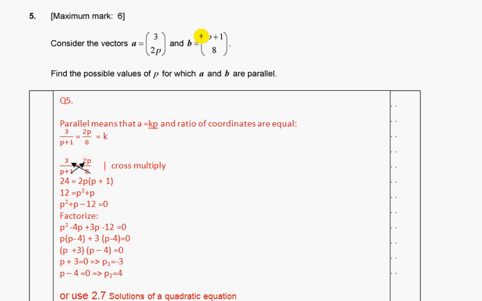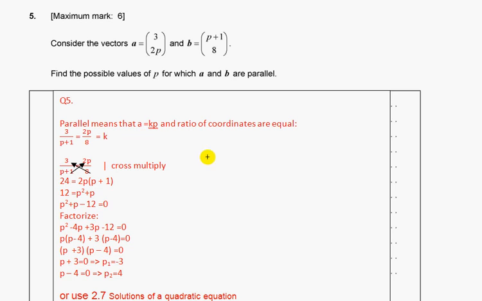So, for example, k is multiplied by the x coordinate, k is multiplied by the y coordinate, and as a result the ratio of x coordinates and y coordinates will be equal. So the ratio of x coordinates, 3 over pi plus 1, equals the ratio of y coordinates, 2 pi p over 8, which equals k.